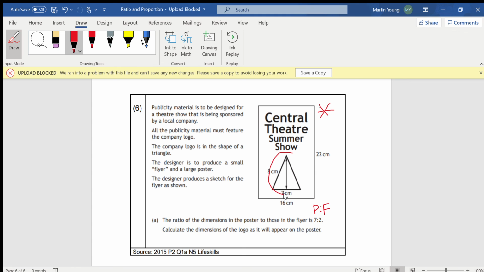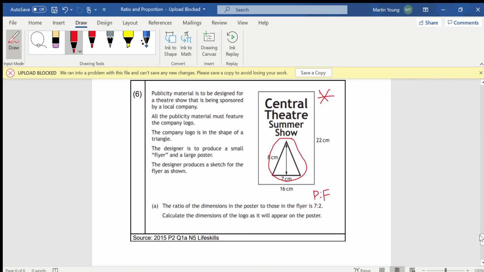The question's not asking for the size of the poster, it's asking for the size of the logo itself, this 8 and this 7. So I'm looking for what this 8 and this 7 would be on the poster.